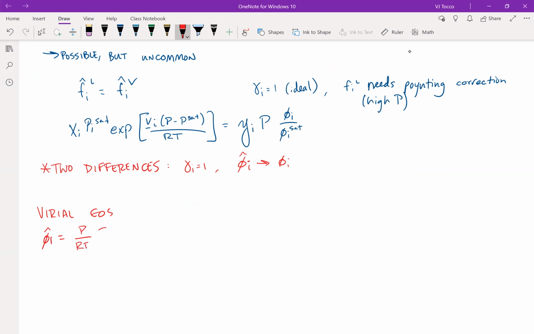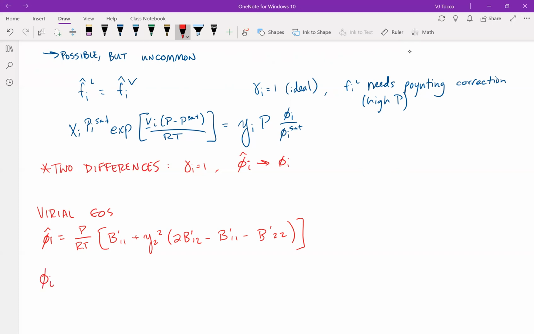It's P over RT times B'11 plus y2 squared times (2B'12 minus B'11 minus B'22). And if I'm looking for the pure component fugacity, that's what phi i is.